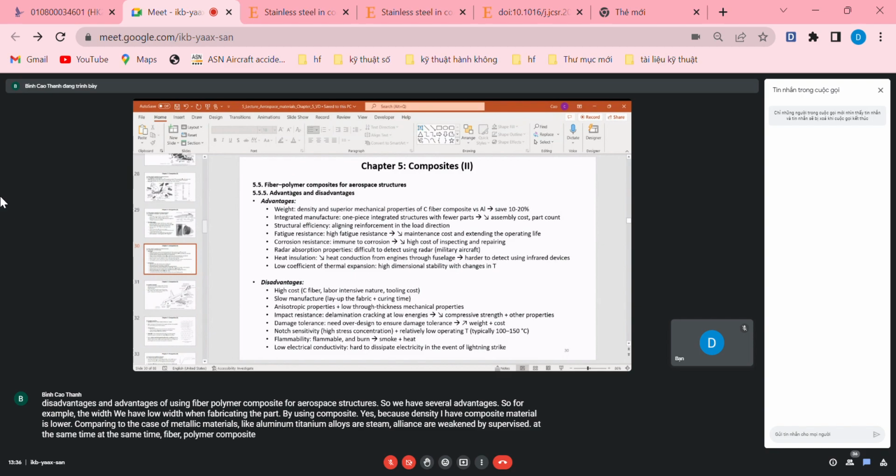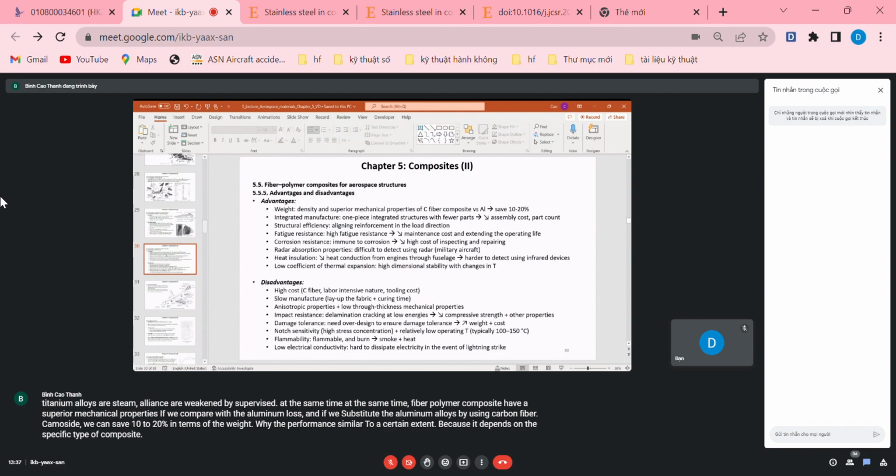At the same time, fiber polymer composite has superior mechanical properties if we compare with the aluminum alloys. And if we substitute the aluminum alloys by using carbon fiber composite, we can save 10 to 20% in terms of weight, while the performance is similar to a certain extent.